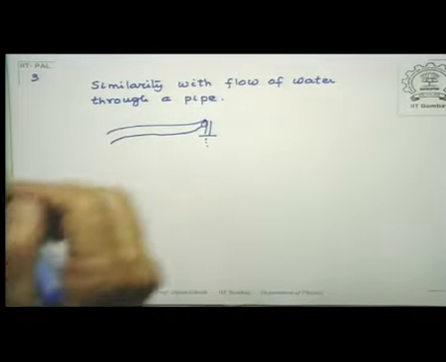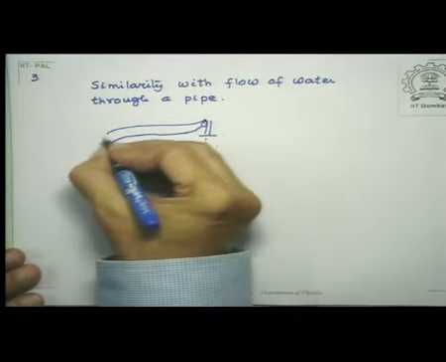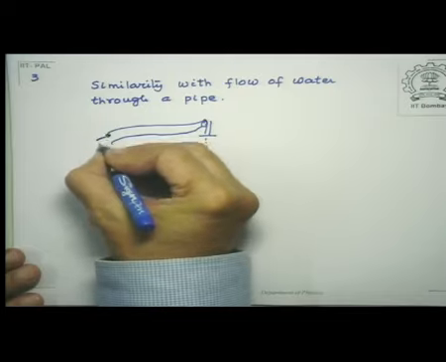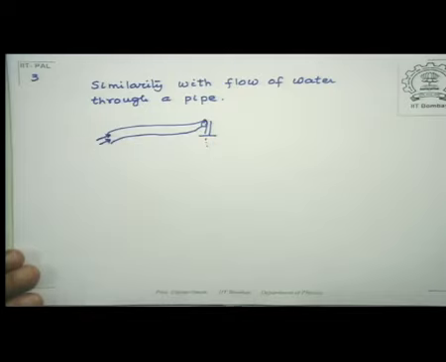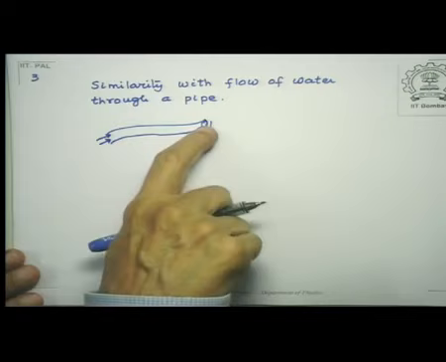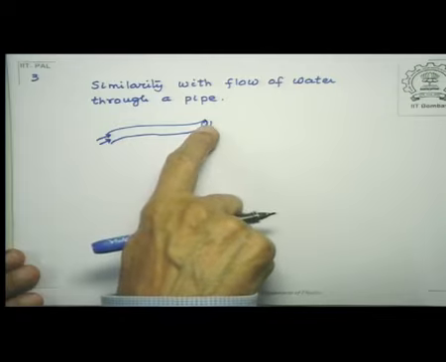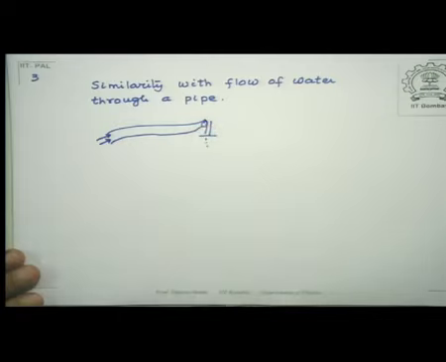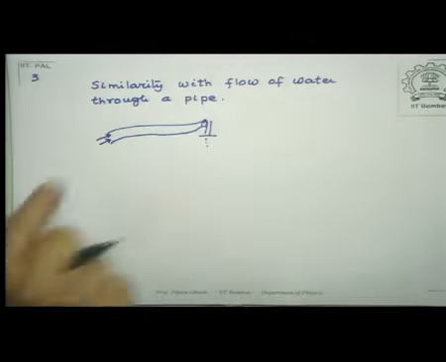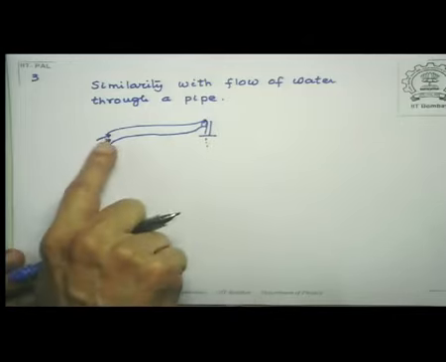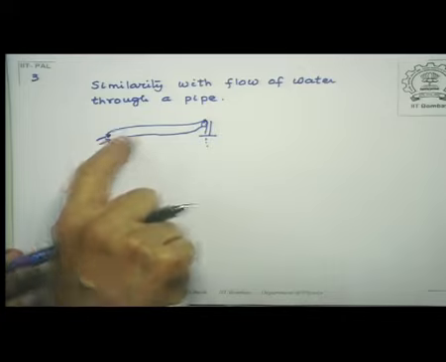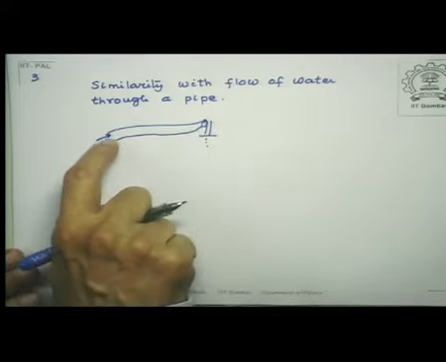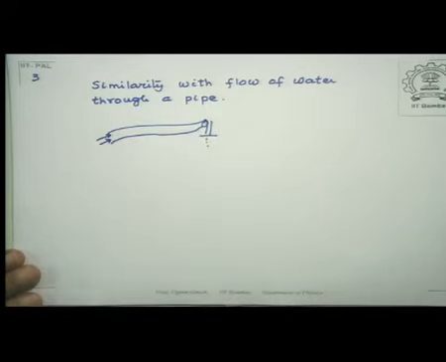Now, actually what is happening is that water is being pushed from one end, but because there is a closed faucet at the other end, it is not able to go and it stops. So there is no movement of water physically from here to there, because the pipe is already full of water.